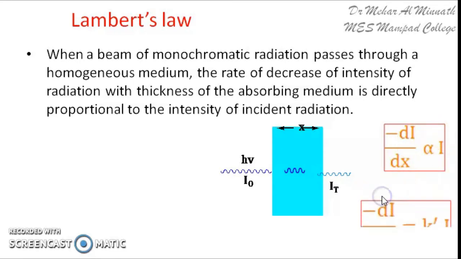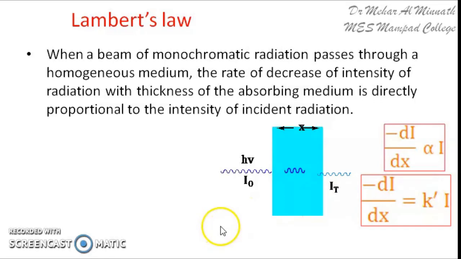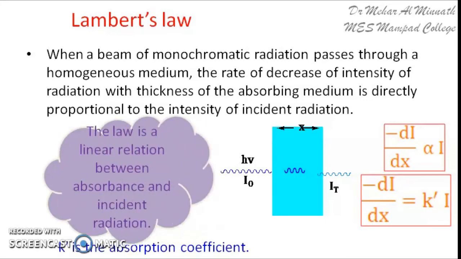Removing the proportionality sign, you get minus dI by dx is equal to k' I, where k' is the absorption coefficient, which depends on the nature of the medium and the nature of the radiation. So Lambert's law is a linear relation between absorbance and intensity of incident radiation.